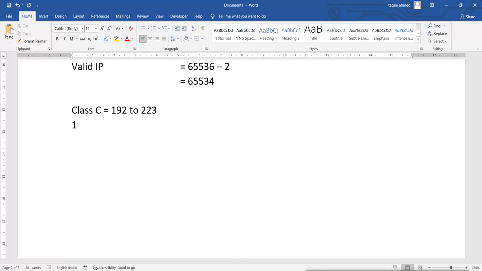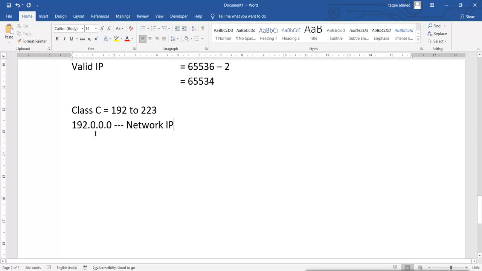That means your IP will start from 192.0.0.0. This will be your network IP. Why? Because these three parts are the network part, and only this one is the host part, and when all the host bits are 0, it is considered the network IP.